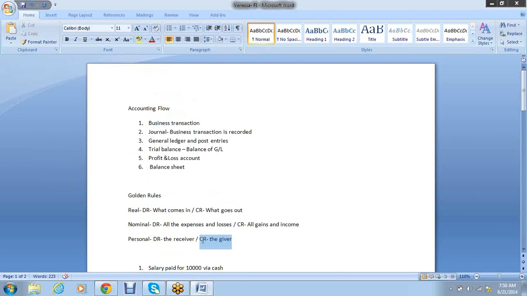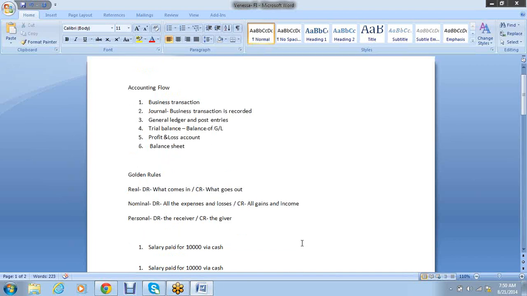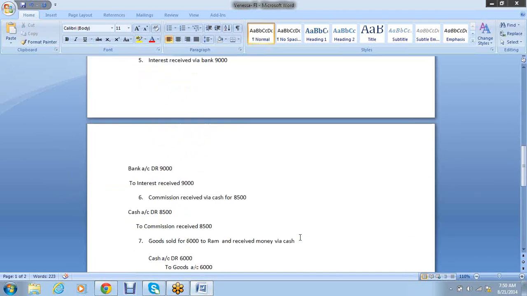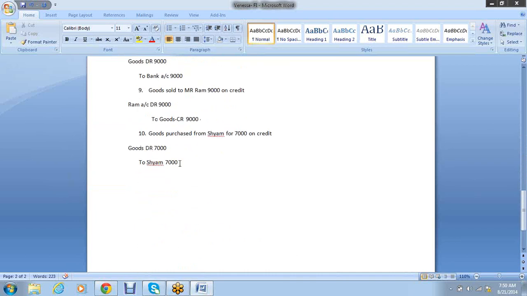Credit the giver, debit the receiver. Sham is giving me the product, so he is the giver. As per the personal rule, the giver account should be credited.